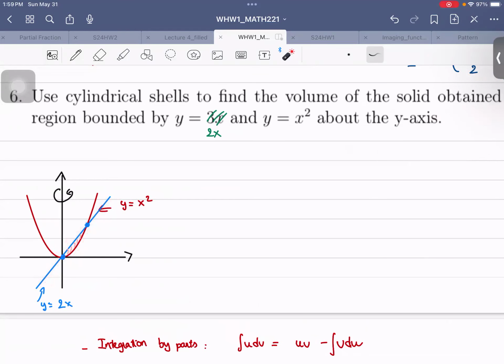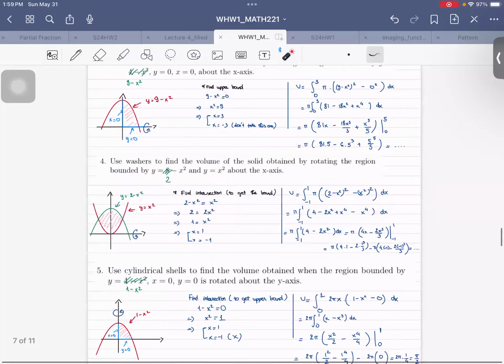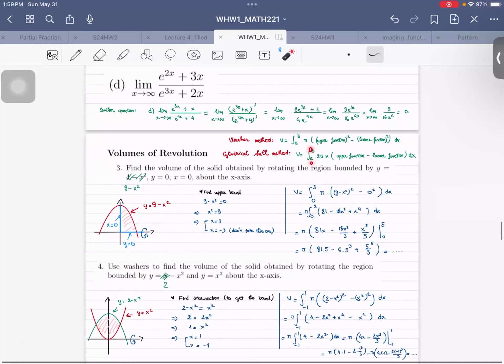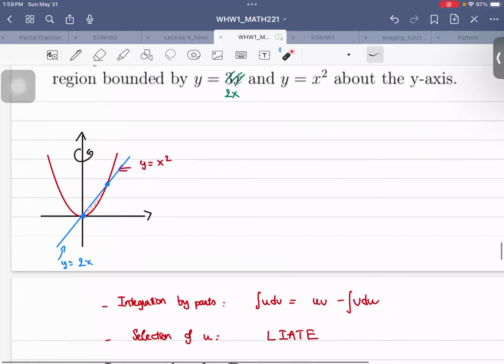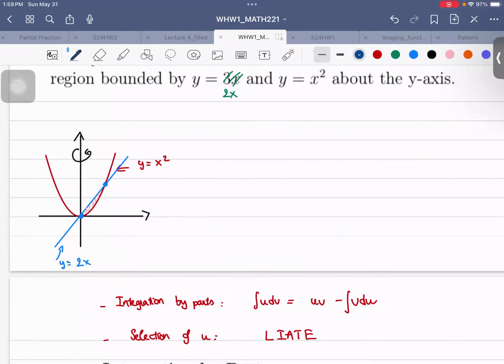Therefore you just need to find the lower bound and the upper bound. This question does not give you the bounds, so you just simply find the intersection between the upper curve and the lower curve to get the lower bound and the upper bound.